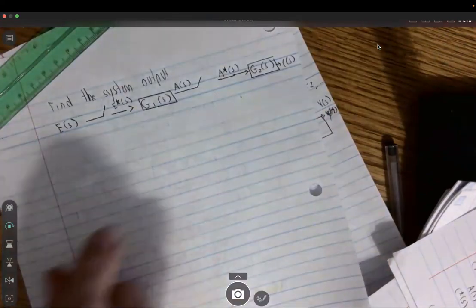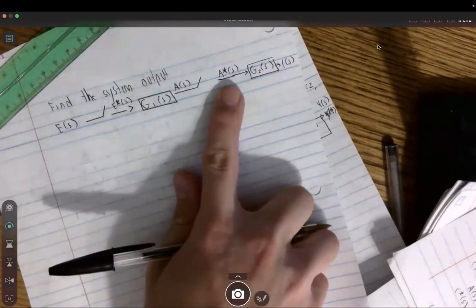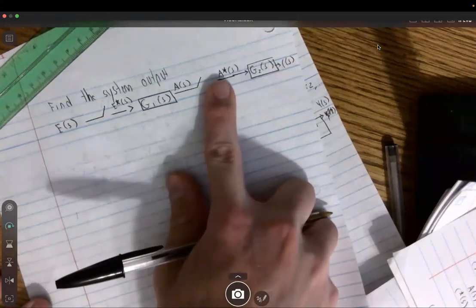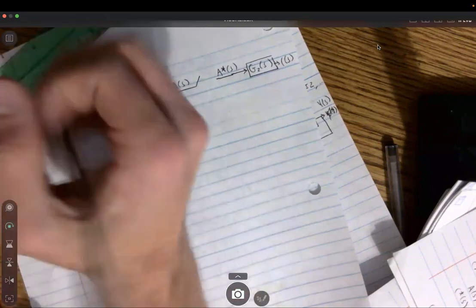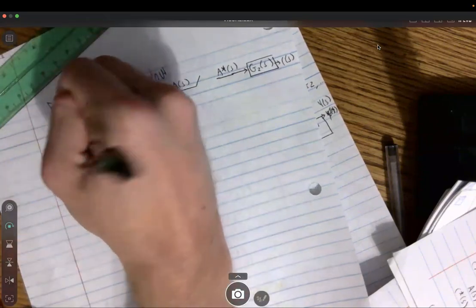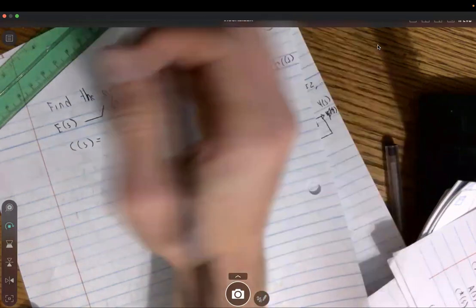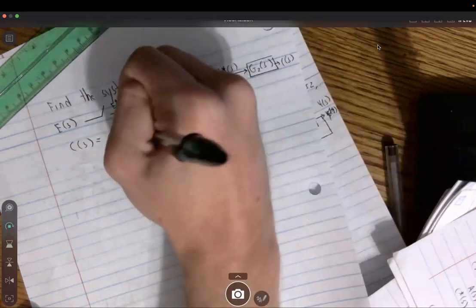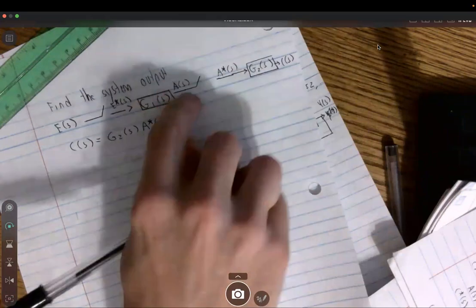So remember, if we have to find the output, I said you write the output in terms of the output of the switch, and you write an equation for the input to a switch. So right here, we're writing the output in terms of the output of the switch. So we'd have our G2 of S multiplied by A star of S. And then we're going to write an equation for the input to a switch.